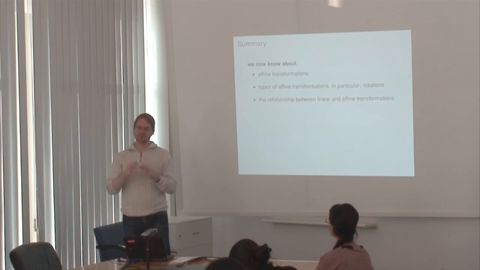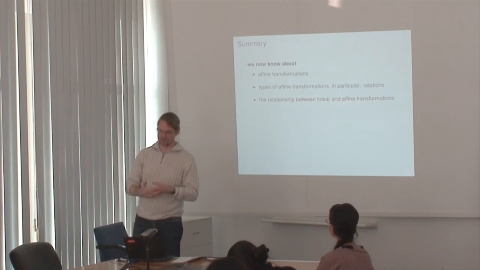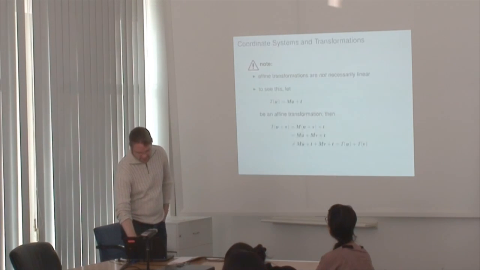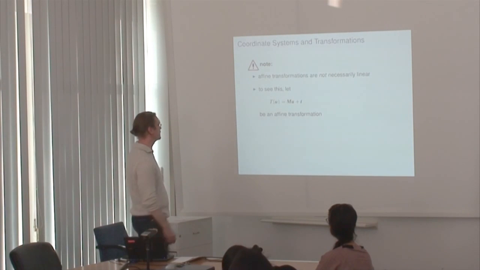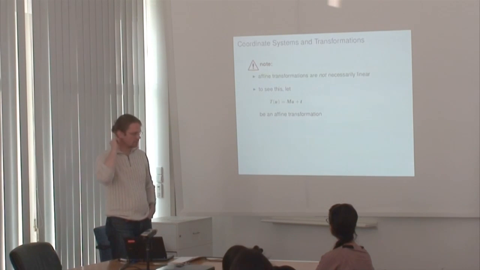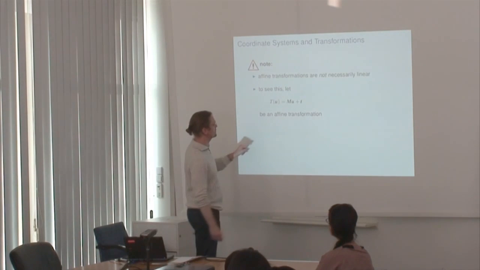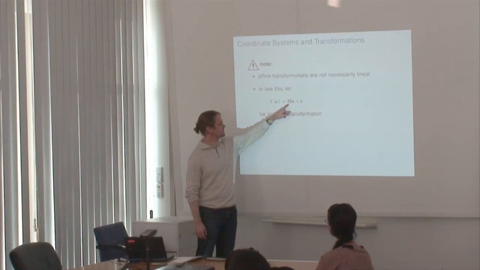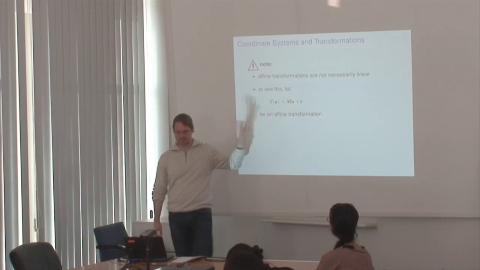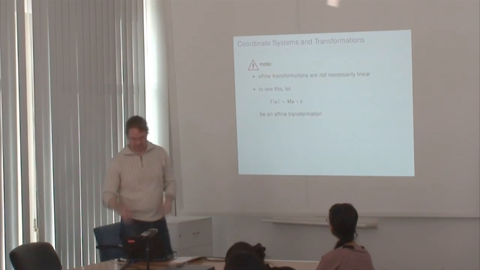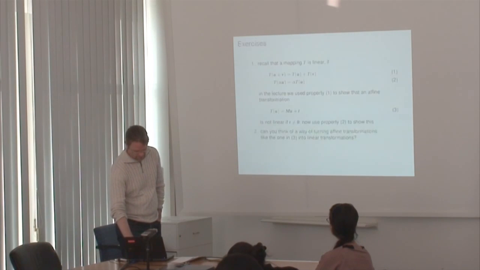In particular, we focused on this idea of affine transformations. And once again, for the case of two-dimensional coordinate vectors, the general affine transformation is given by some matrix applied to the vector plus some translation. This is what we understand as an affine transformation.